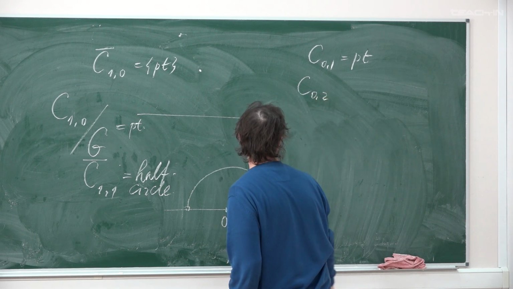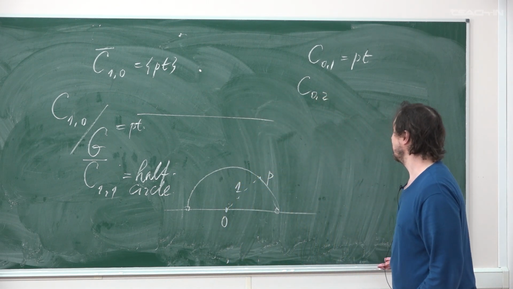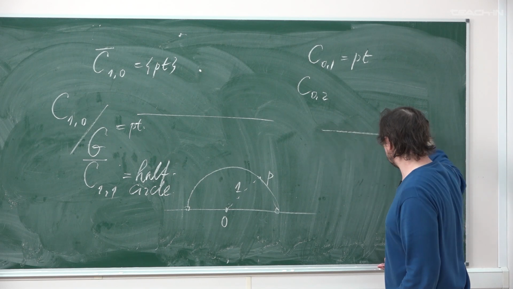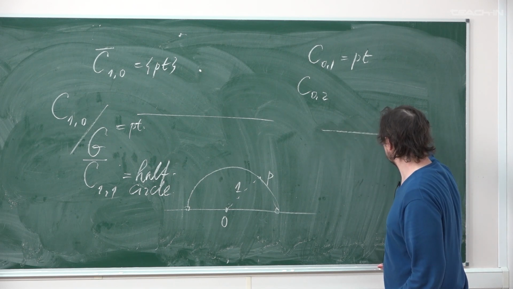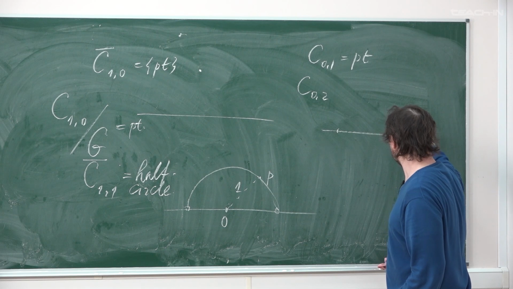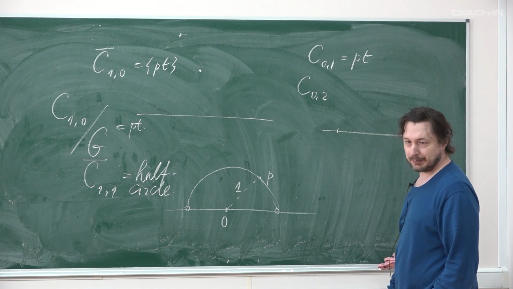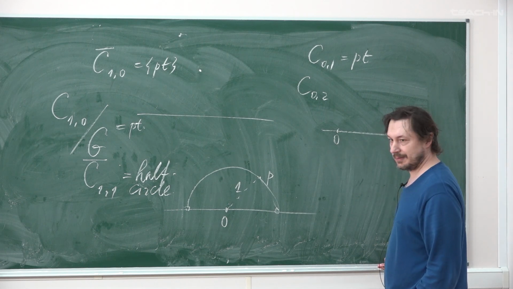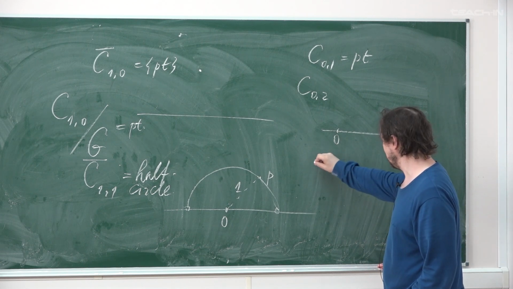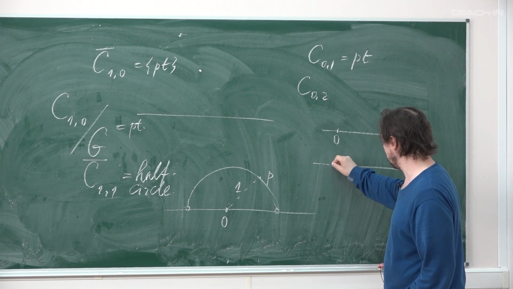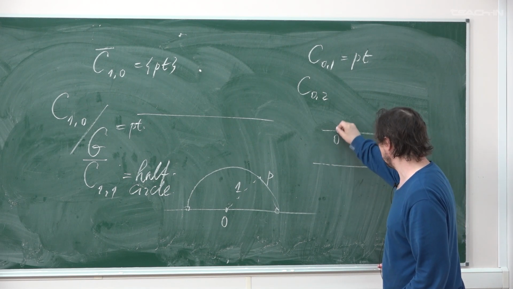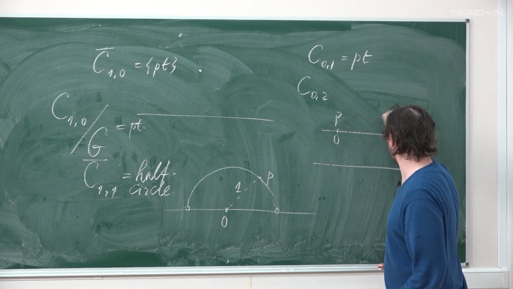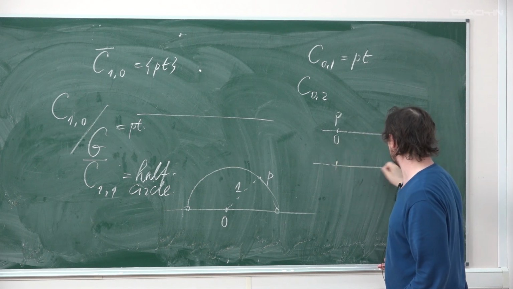C02. Again, we have no points inside and 2 points on the boundary. But we can rescale them to be the points 0 and 1. The only problem is that we don't know the order of these points, so it can be quite the same, but with P and Q changing their roles.